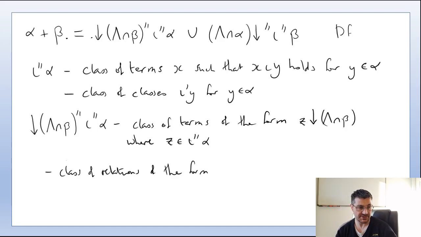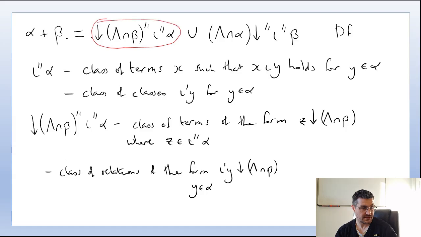So we've got a class of relations of the form ι′y ↓ λ∩β, where y is a member of α. So in other words, this here is a class of relations.